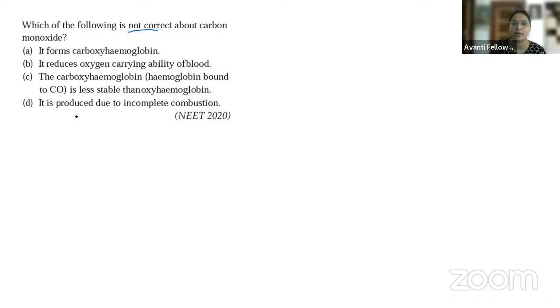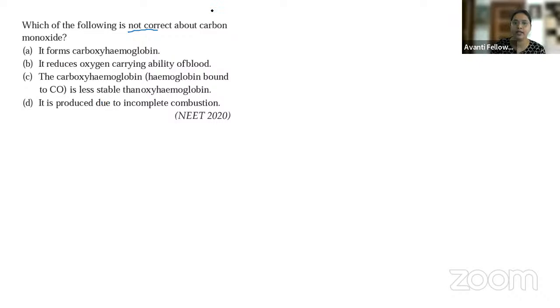It forms carboxyhemoglobin. It reduces oxygen carrying ability of blood. The hemoglobin bound to CO is less stable than oxyhemoglobin, and it is produced due to incomplete combustion. So which will be the correct answer?